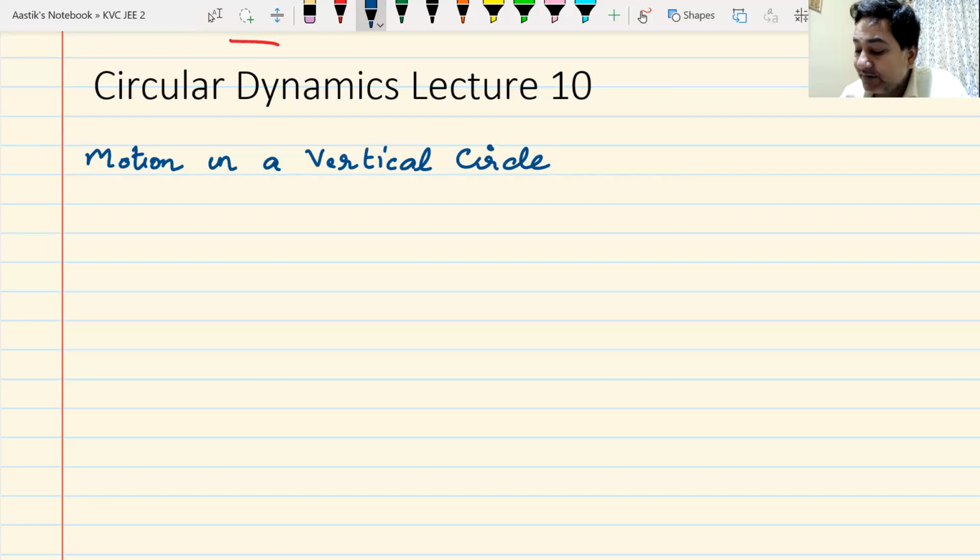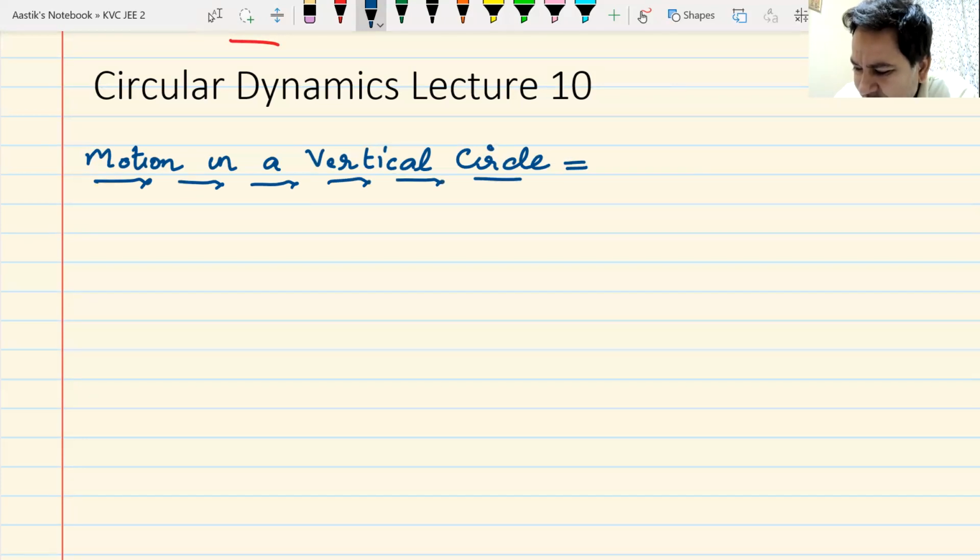So the next heading is motion in a vertical circle. Normally, everyone does vertical circle first. I also used to do it, but this year I have changed it, and now we are going to do vertical circle.